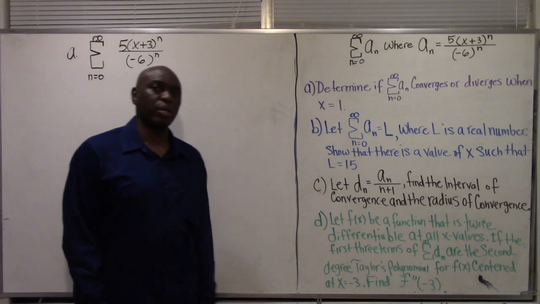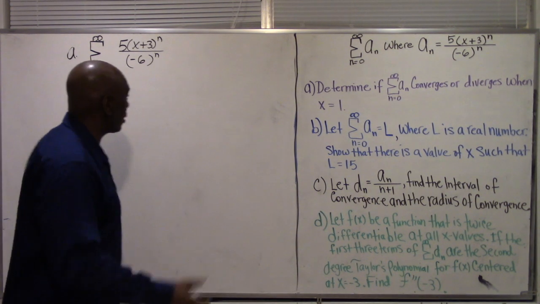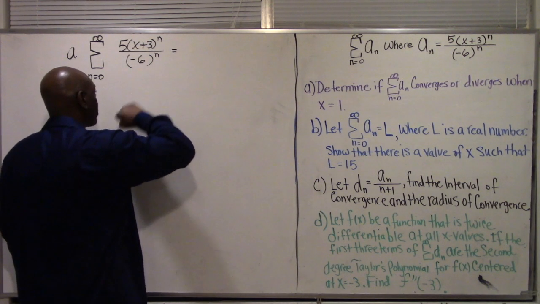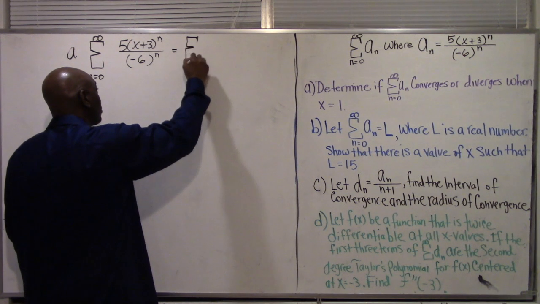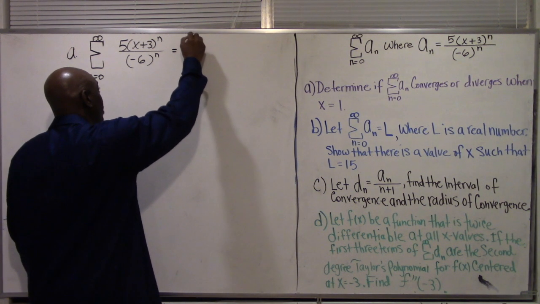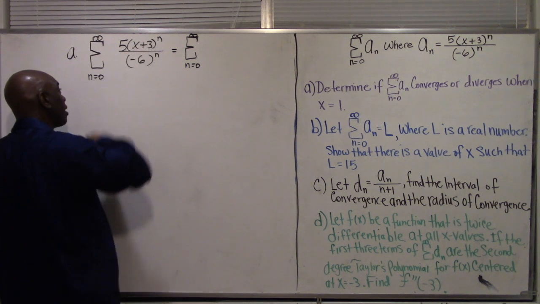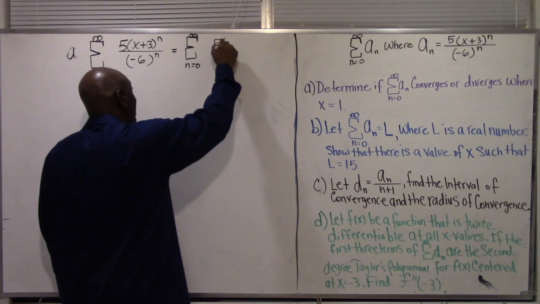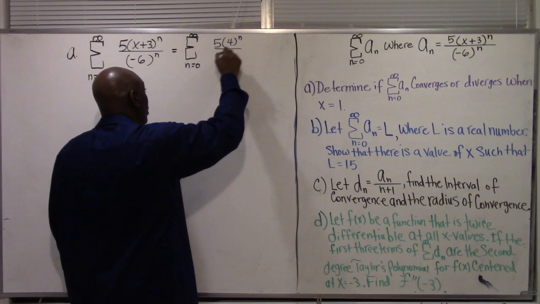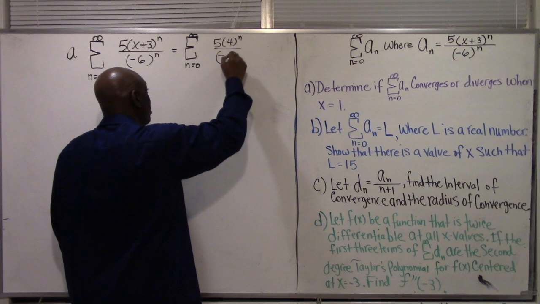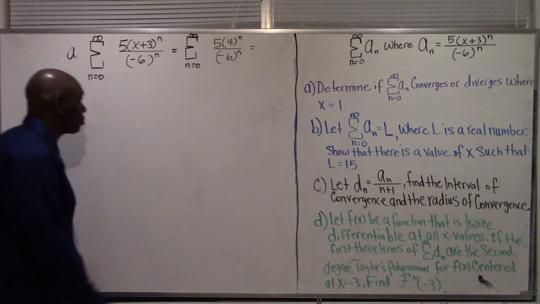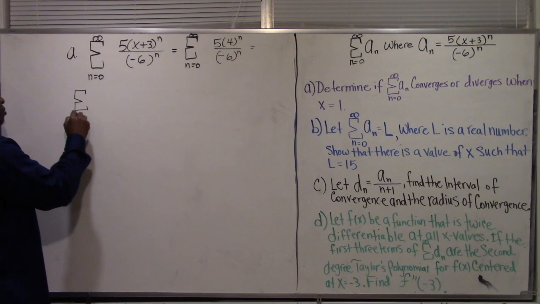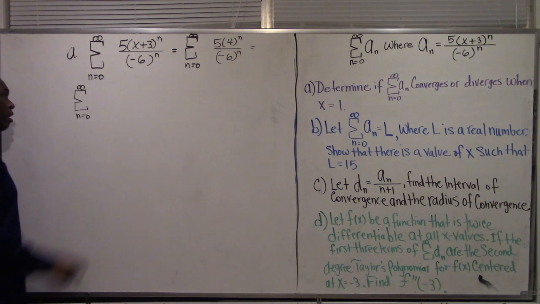All right, so when x is 1, what happens? Convergence or divergence? Let's see. Put in 1 for x. We're going to have the series from n equals 0 to infinity. 1 plus 3 is 4, so I'm going to have 5 times 4^n, all divided by (-6)^n.